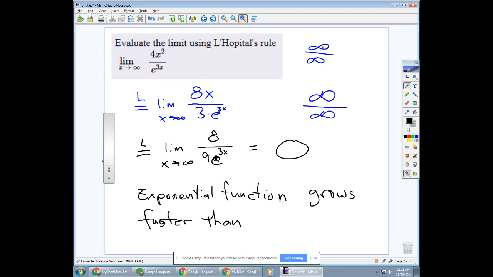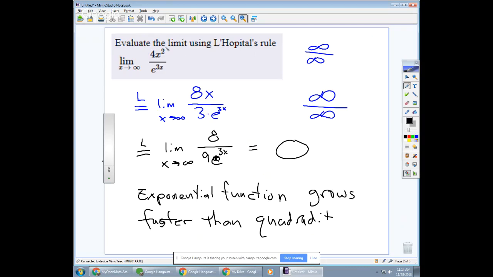If the quadratic grew faster, then the top would have overpowered the bottom. But here, the bottom overpowered the top. So exponential functions grow faster than quadratic functions. You can pretty much just look at it now and say, I'm pretty sure exponential functions overpower quadratic functions. And so this is going to go to 0.